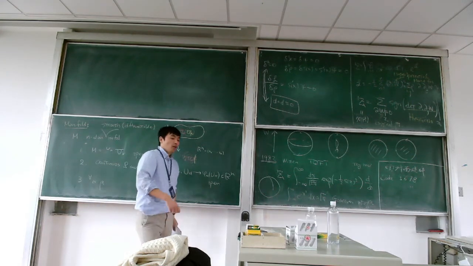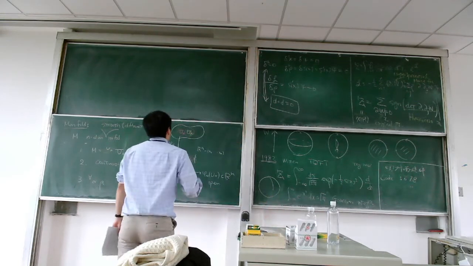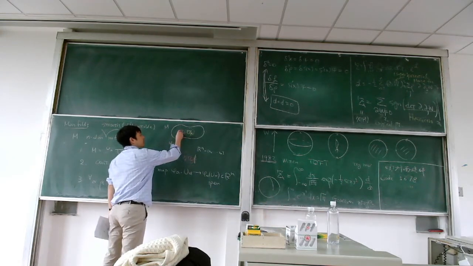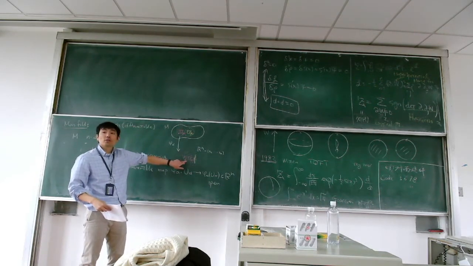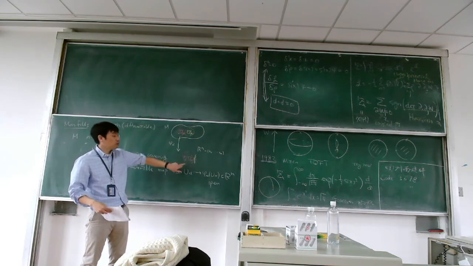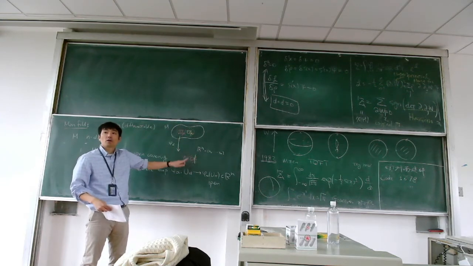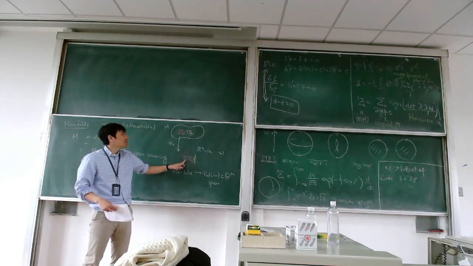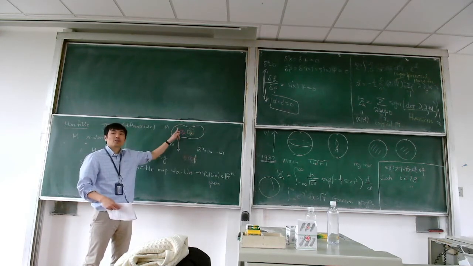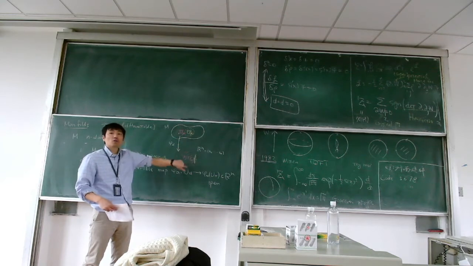For instance, you cannot have two points going to one point. If two points go to one point, it's not invertible. So it's a one-to-one map.